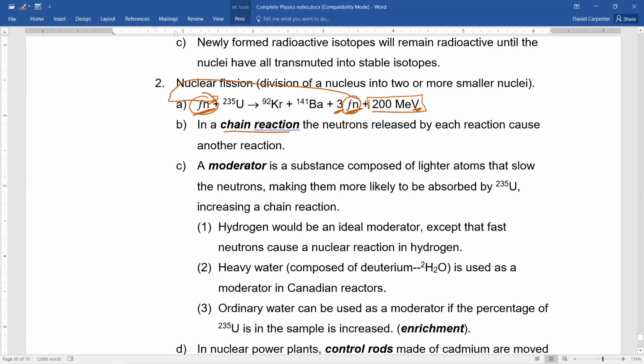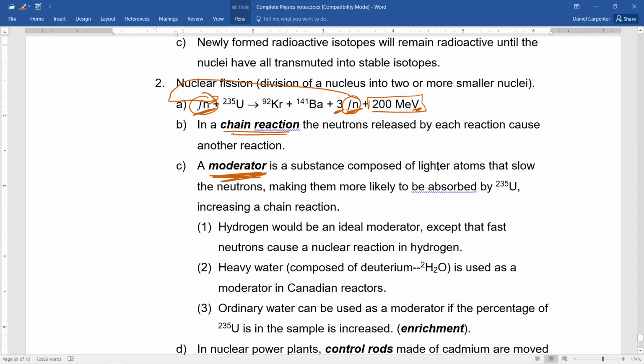All right, so chain reaction then. In a nuclear power plant, we don't want the reaction to go full tilt. What good is it to make a nuclear power plant, turn it on, and instantly, boom, it's not there anymore? There's a big crater in the ground, and everybody for miles has been flattened, and everybody for hundreds of miles has radiation sickness. Not what we want. So we have a moderator.